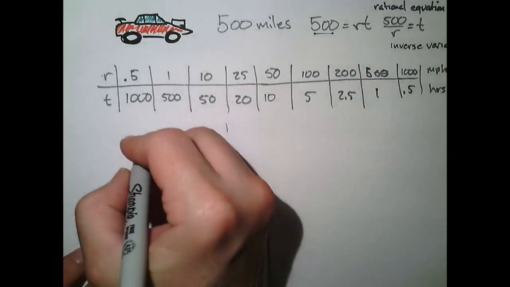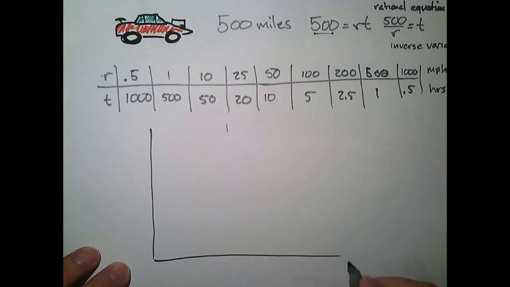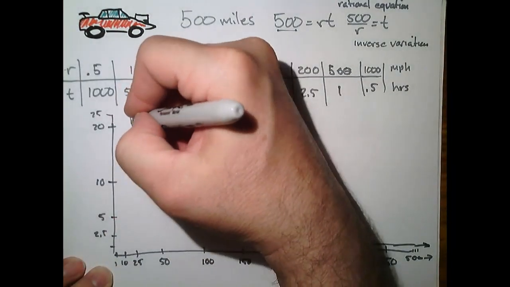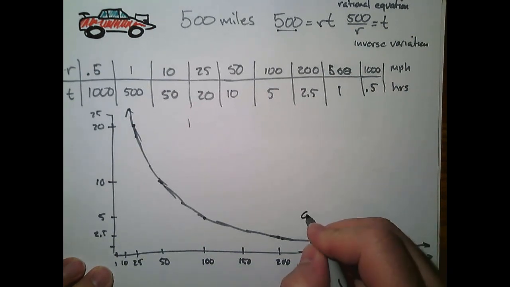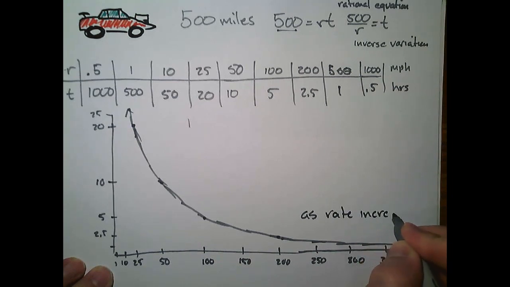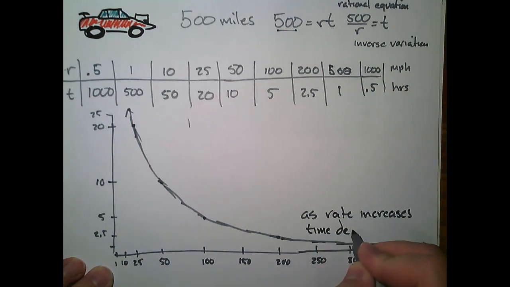Now, let's do a quick sketch of this. I'm just going to sketch it. Now for a quick fast forward, we can see what's going on. As our speed increases, as rate increases, time decreases.